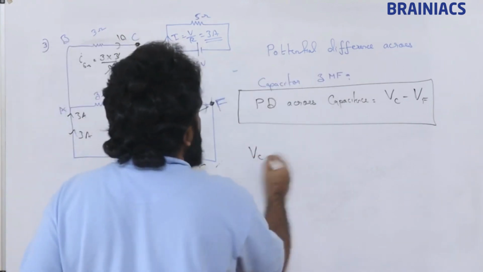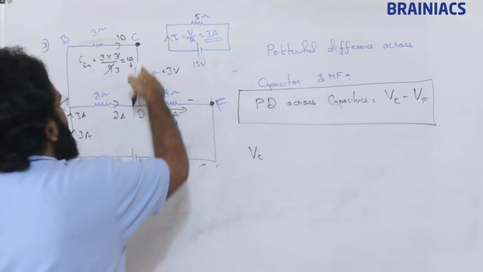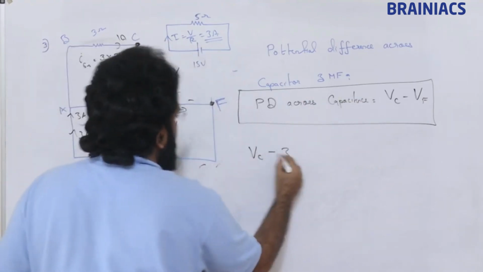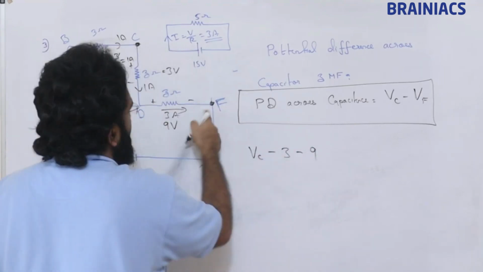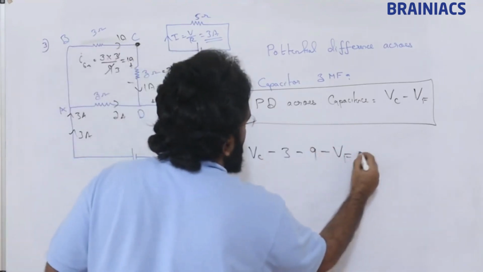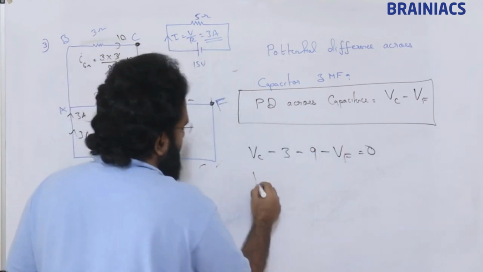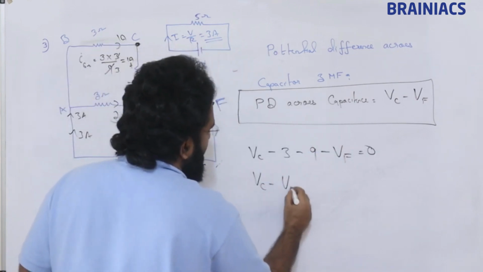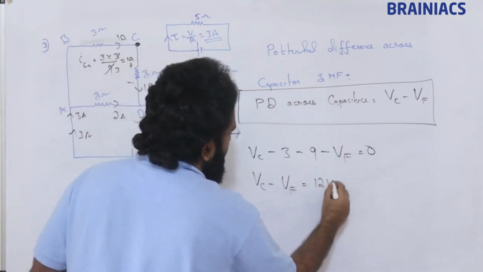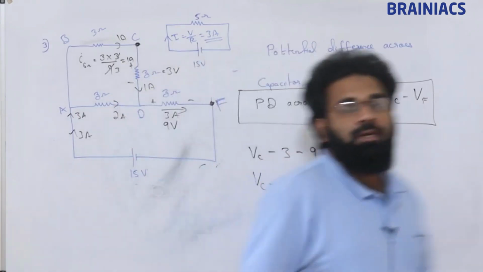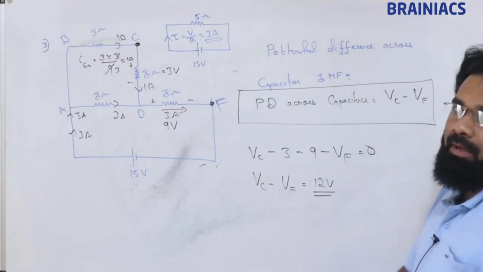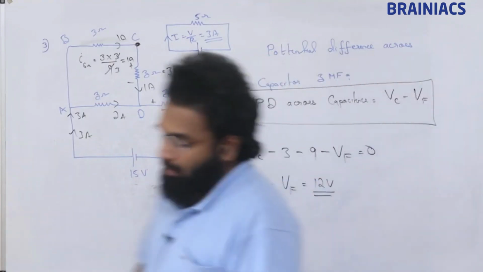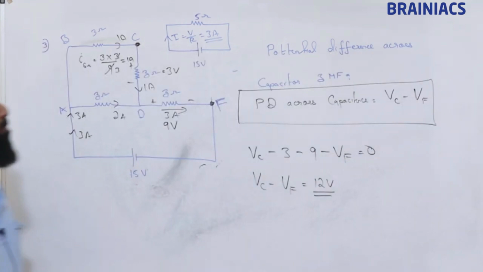So VC, minus 3, then minus 9, then minus VF is equal to 0. So VC minus VF is nothing but 12 volt. So 12 volt is the potential difference across this capacitance. Clear? Okay, this is the answer.